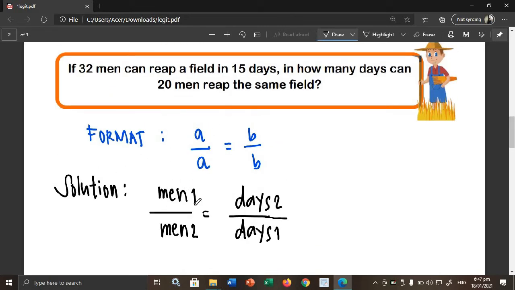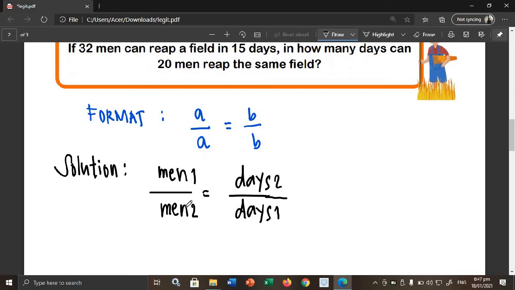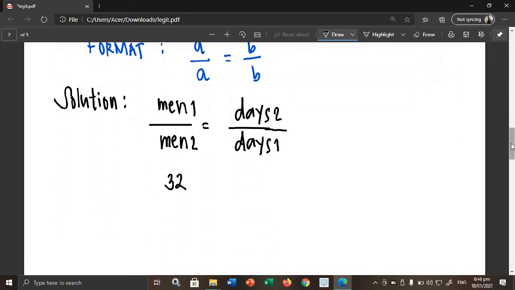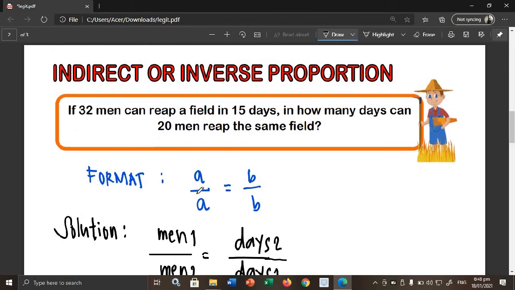So, yung number of men natin na unang minention dito is 32. Ayan. So, i-substitute natin, ipalit natin doon. So that is 32 over yung second number ng men natin dito sa problem is 20, is equal to yung days na pangalawa, that will be n.